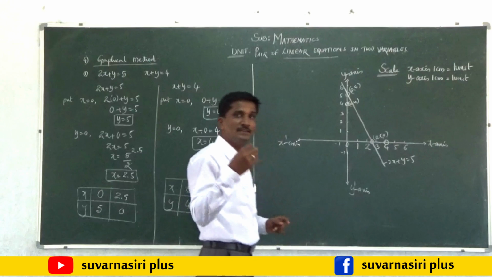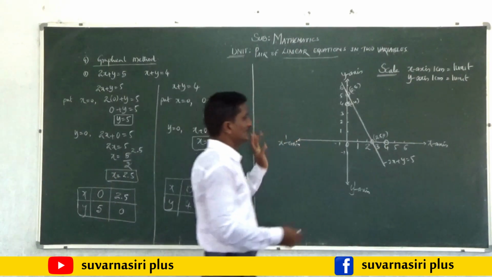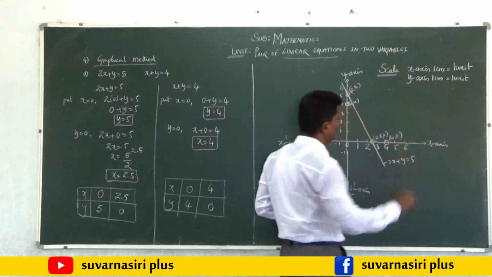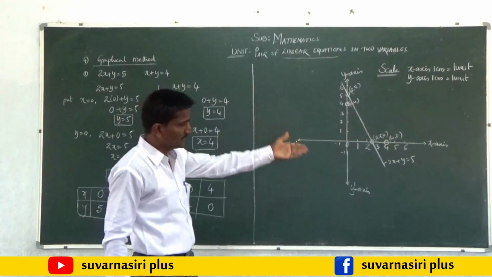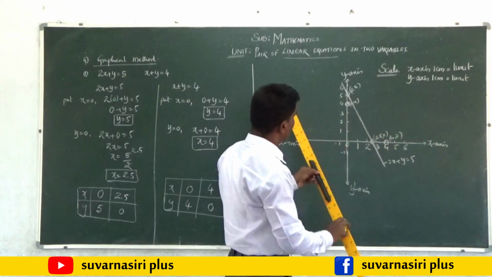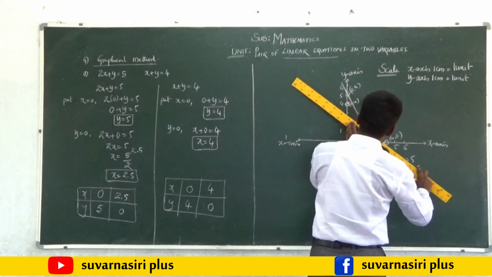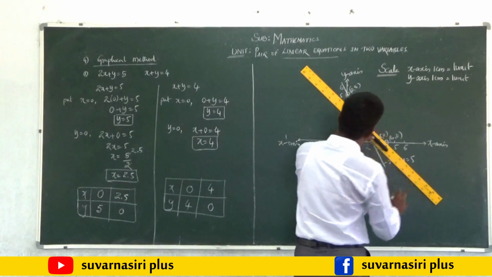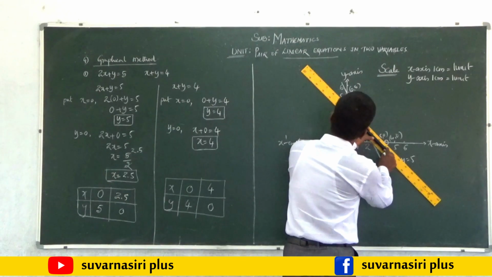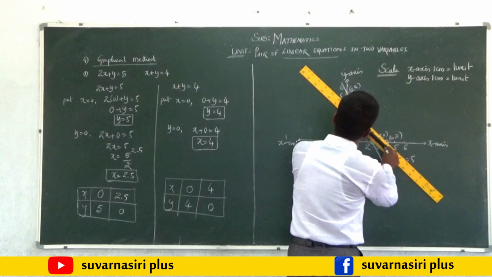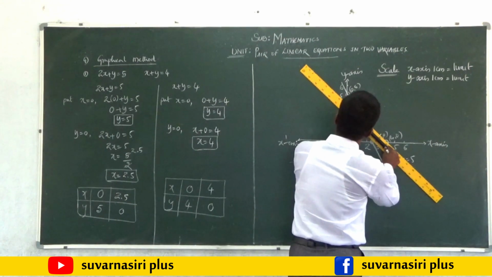The y coordinate is 0 means this is the 0 line. So (4, 0). Again, now we have to draw that line. Same, using a scale, we will draw the line. Like this here. Neatly you have to draw this line. Exactly.